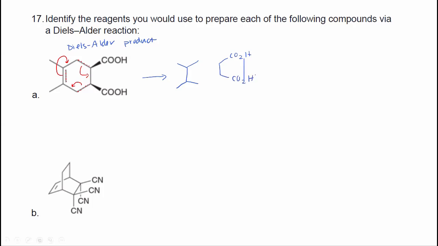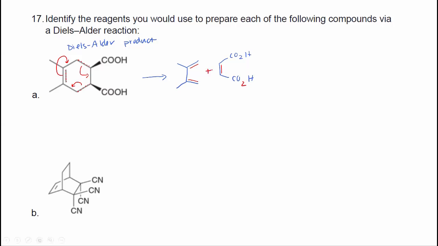So if I follow the red arrows, one of my pi bonds is here now. That was the one that broke the bond to the CO2H carbon. And then I broke the pi bond to form a new pi bond right there. And then this was right there. So that is the alkene and diene that you would need to do the Diels-Alder.